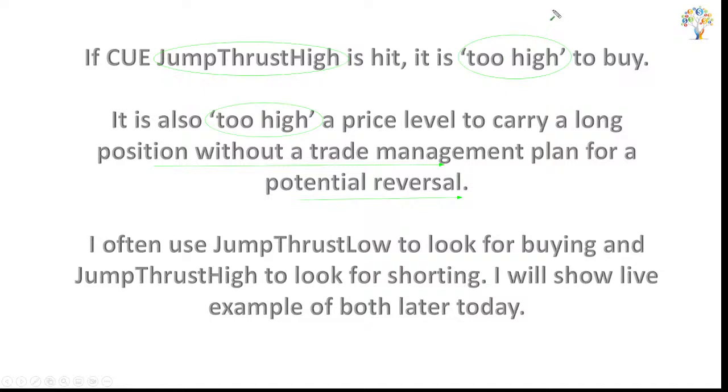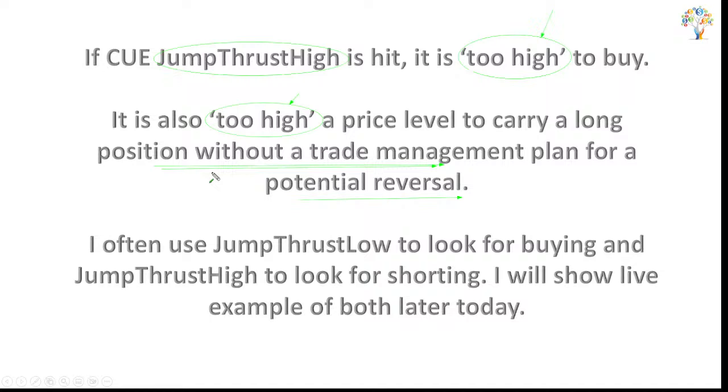So it's not only that it is too high to continue to buy that stock or instrument. But if we have a long position, when it hits jump thrust high, I may use the word must, we must have a plan in place.